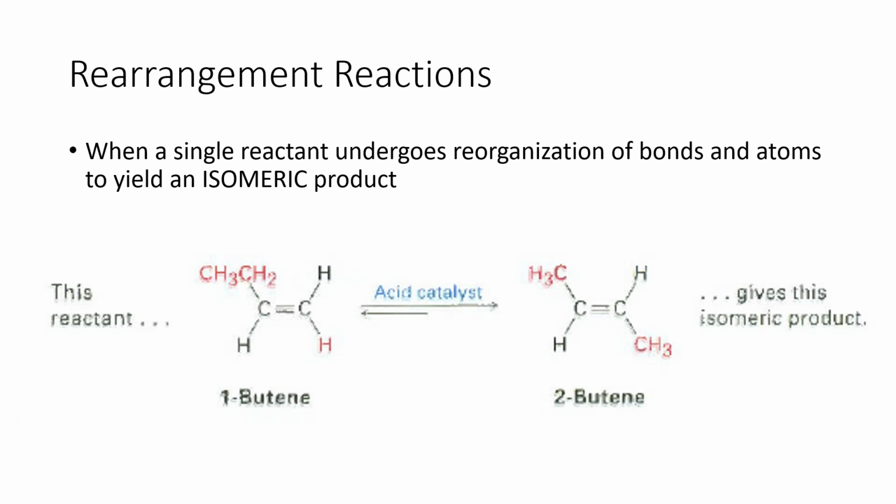So one reactant becomes an isomeric product of itself. So let's have A1 becomes A2, since they are basically the same molecule that just rearranged itself.